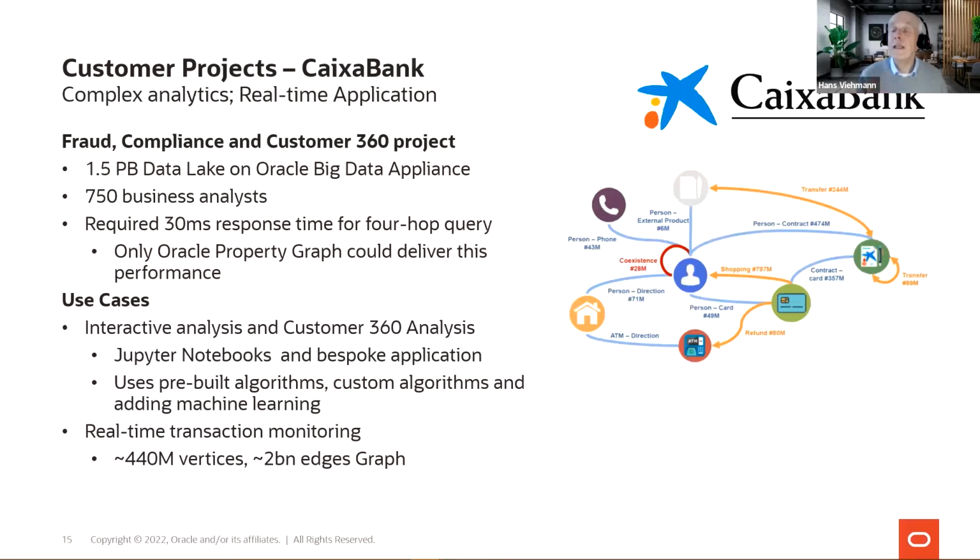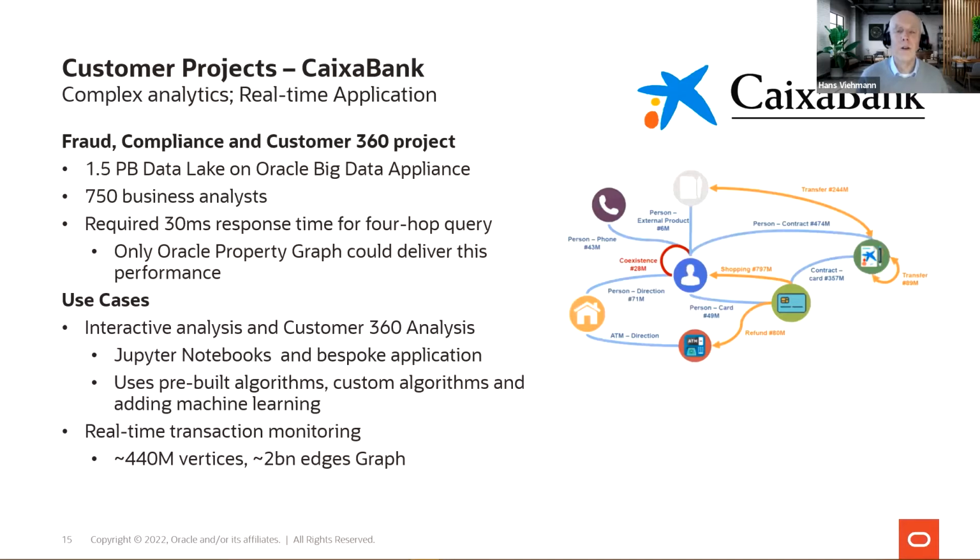Now, as they do this for every transaction, we're talking up to, I think, 300,000 transactions per day, which means they had a strict requirement of having only 30 milliseconds response time for every check, and that check is a 4-hop query.